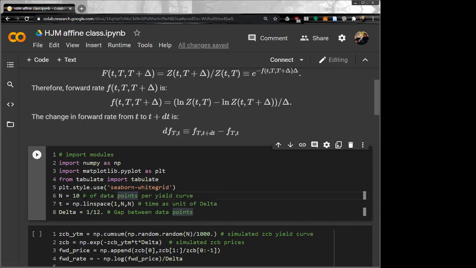And then T is the time of those 10 spot rates, like which months we observe. And here the big delta, let's say it is 1 over 12. So it means the difference between data points is 1 month.